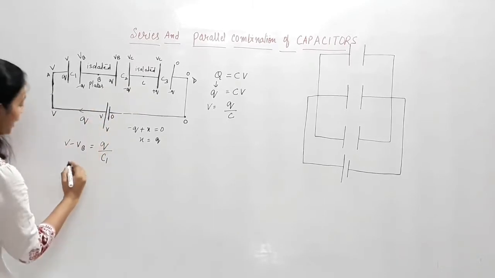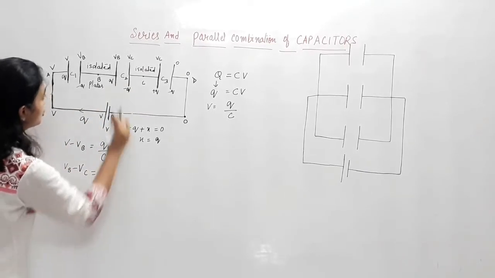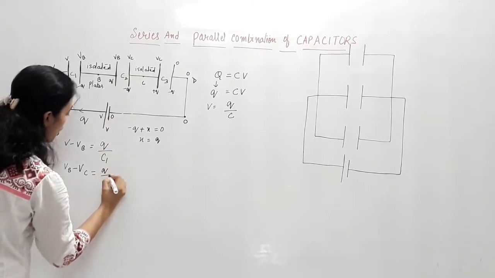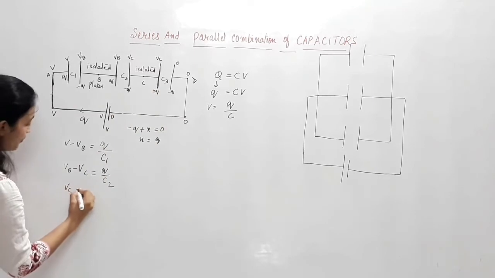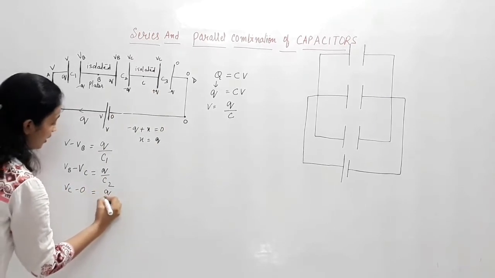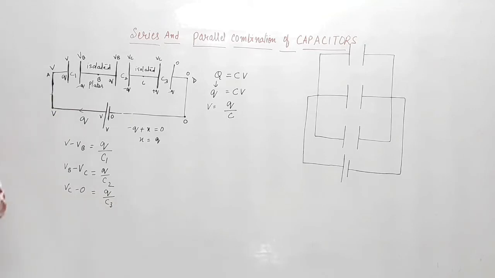For the next two plates, the potential difference is VB minus VC, which is equal to Q upon C2. For the third two plates, it is VC minus 0, and the charge is the same Q, and the capacitance is C3.